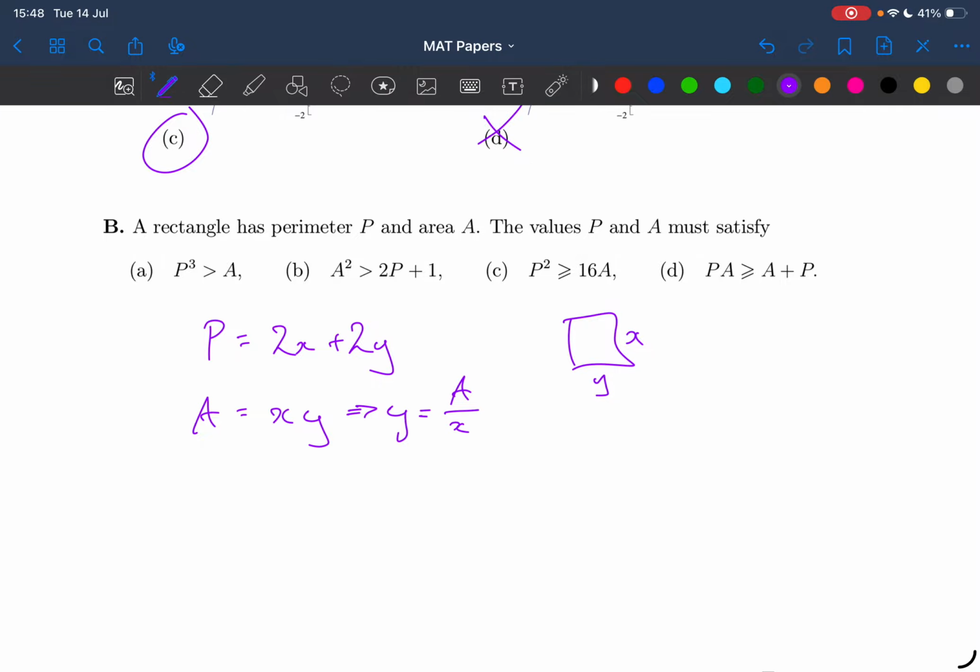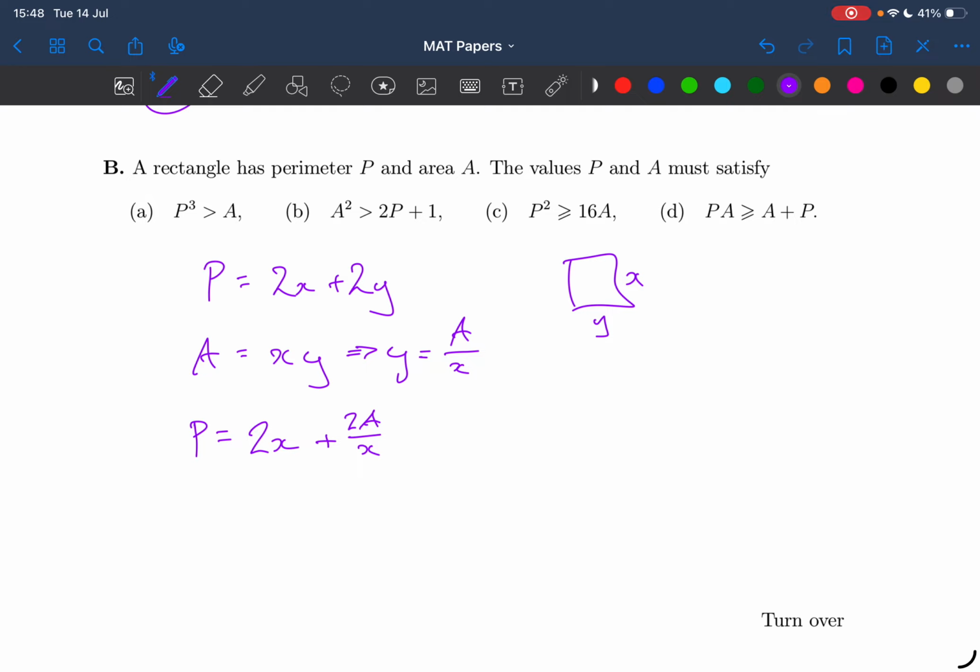And as we sub that in then to the perimeter, what we get is that we're going to have 2x plus 2a over x. If we make this into a quadratic, it's 2x squared minus px plus 2a, all equals 0. And we know then that this needs to have some actual values.